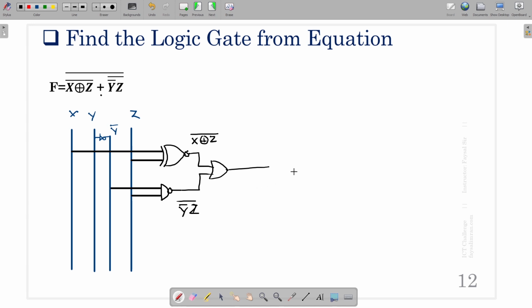So you will get here x XOR z whole bar plus y bar z whole bar, but we also have one whole bar. That means we need here a NOT gate. So you will get whole bar here, okay?